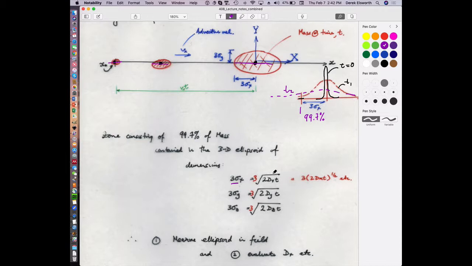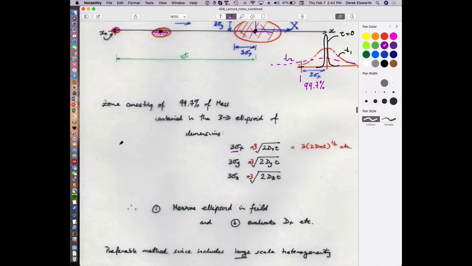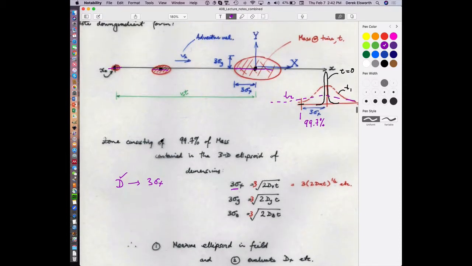And so the utility is that if you know what the dispersion is, then you can use that to calculate what 3 sigma x would be. So in other words, you could calculate exactly what the size of this plume would be downstream from this.